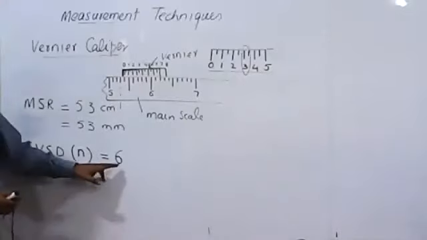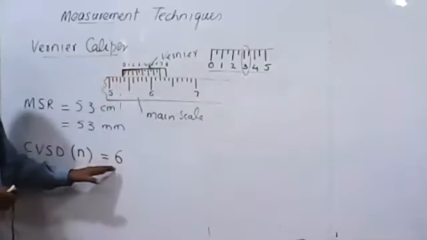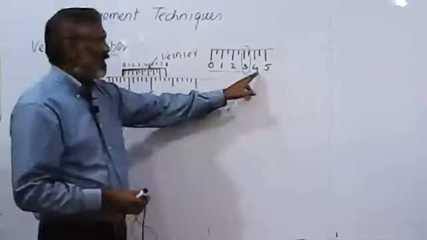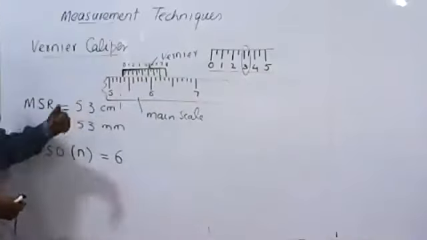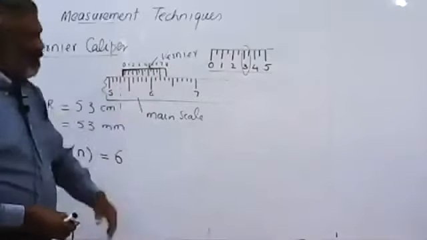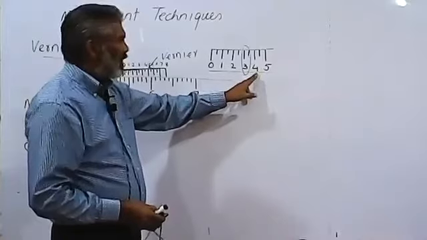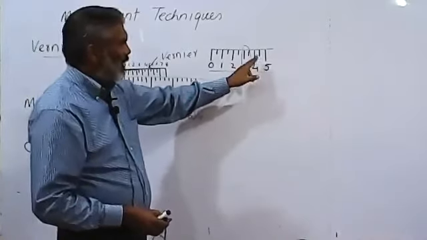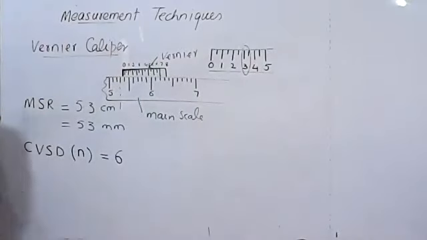So that means if it is the third division coinciding, that is 6th. If it is division number 4 coinciding, that is 8. And if it is in between, it is simply one more division. I mean, if it is 4, it is 8th, and the next one is 9th, of course. So this is how you decide.